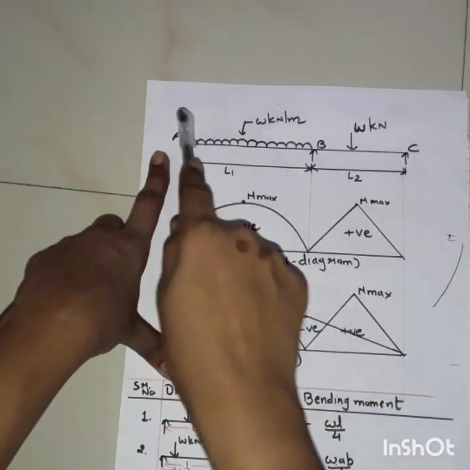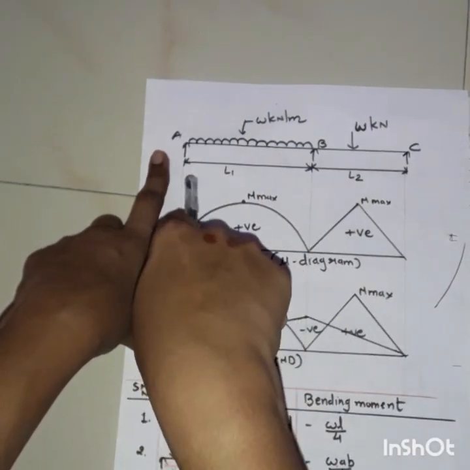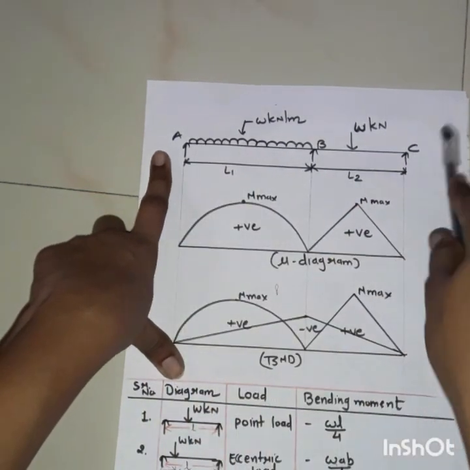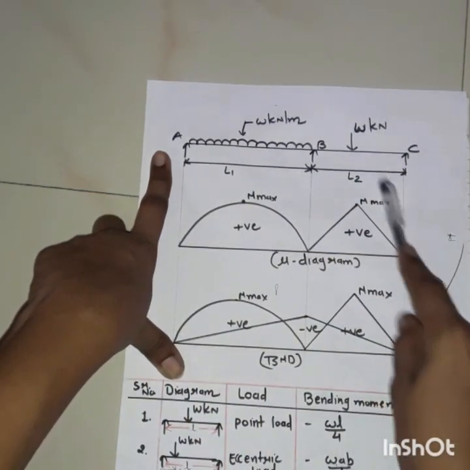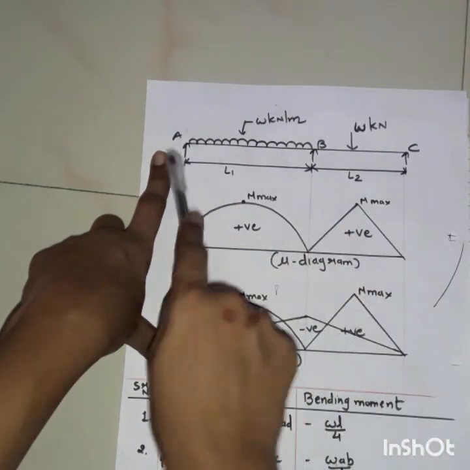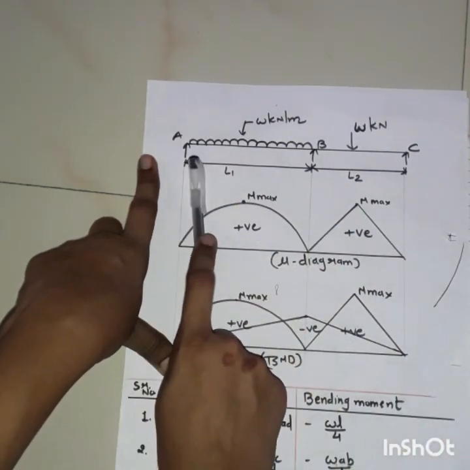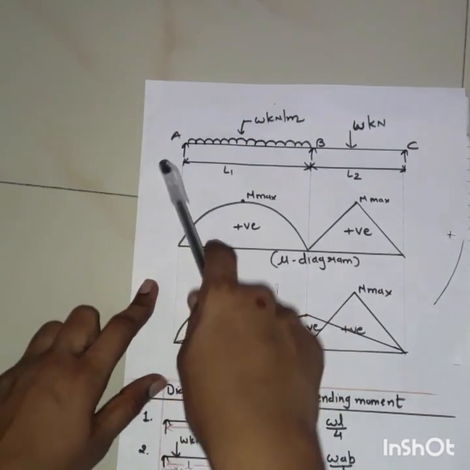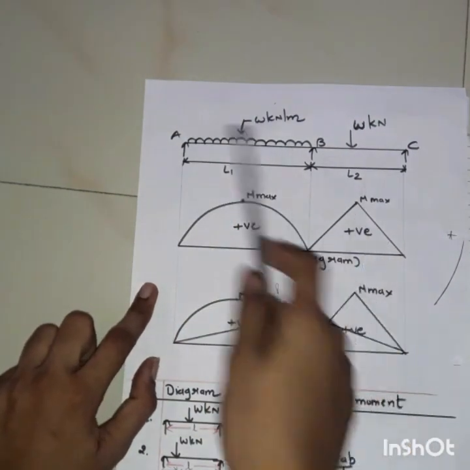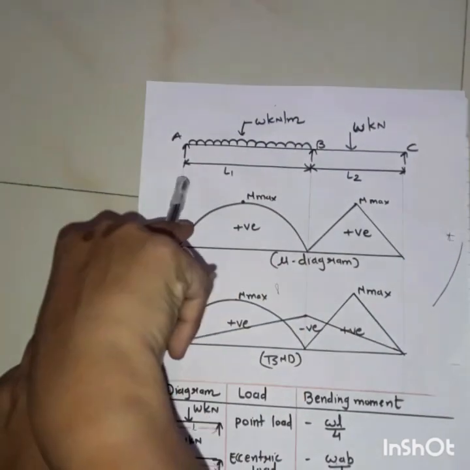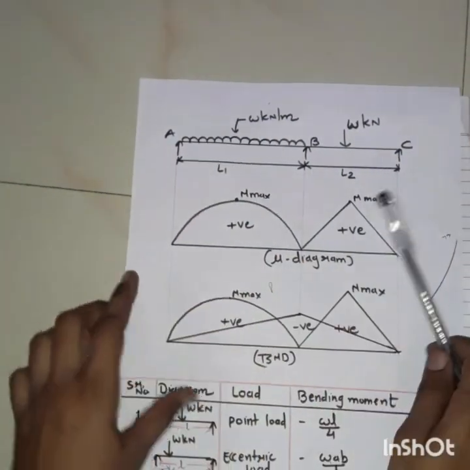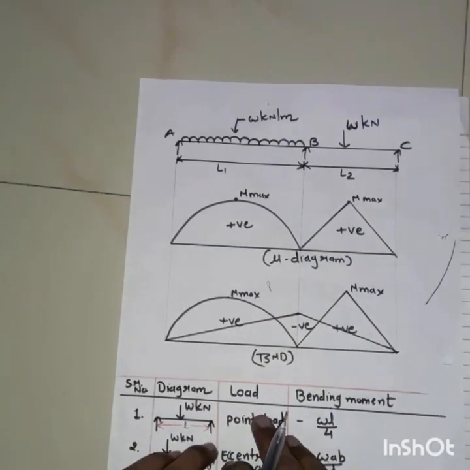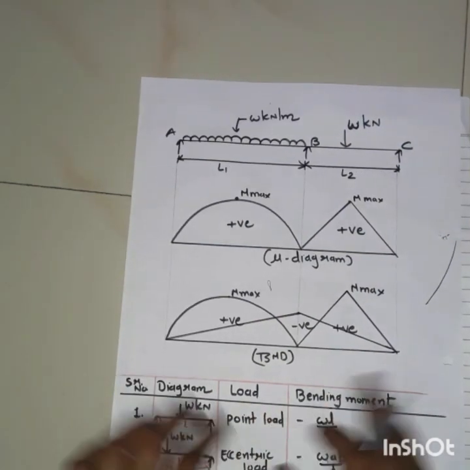Or if a fixed support is given at A and C is a simple support, then the moment of C is 0 but the moment of A is not equal to 0, and you can find it from the Clapeyron equation. So step number 4 is to calculate the Clapeyron theorem.